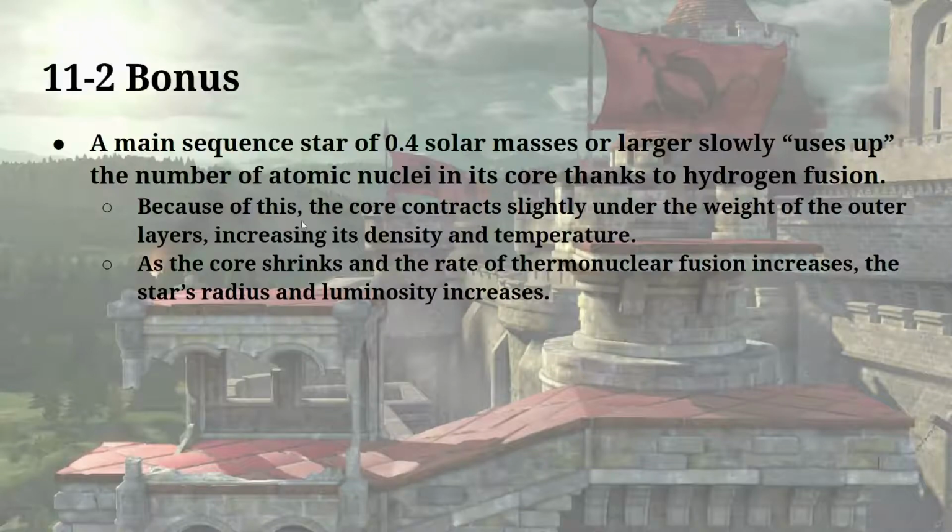So what's happening is you have a star. The core contracts slightly under the weight of all the other stuff, which increases the temperature. And because this increases, thermonuclear fusion gets faster. And because thermonuclear fusion gets faster, more energy is released, and the star gets bigger. So it's this weird kind of loop that feels like it shouldn't make sense. It's pretty interesting.